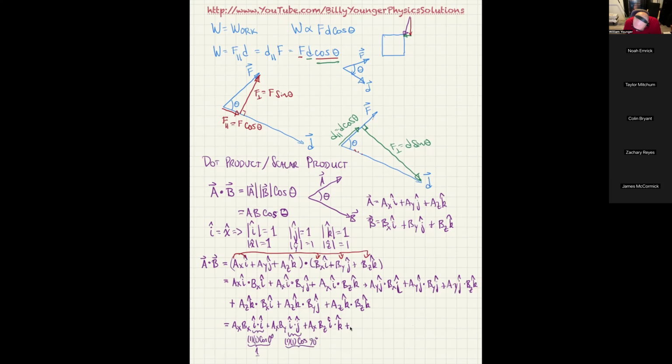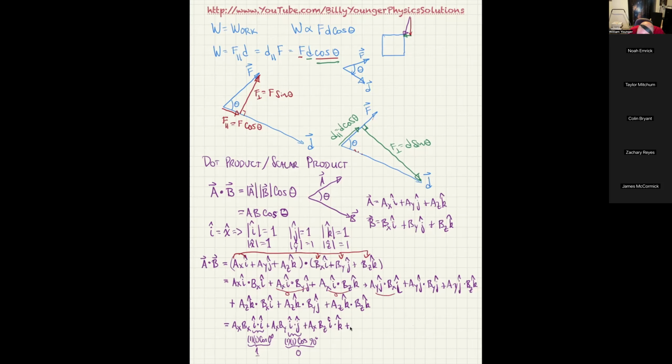0. Exactly. So what you see, hopefully, the pattern is that whenever you're dot producting two unit vectors that are identical, the answer is just going to be 1. But when you dot product two unit vectors that are perpendicular to each other, the answer is going to be 0. So this whole term is going to be 0. This whole term is going to be 0.